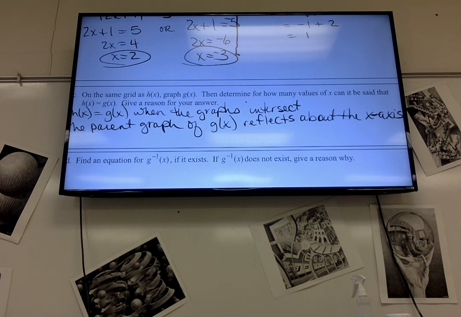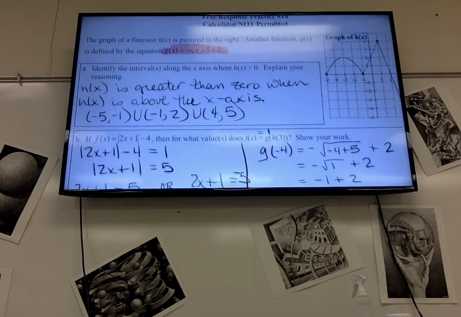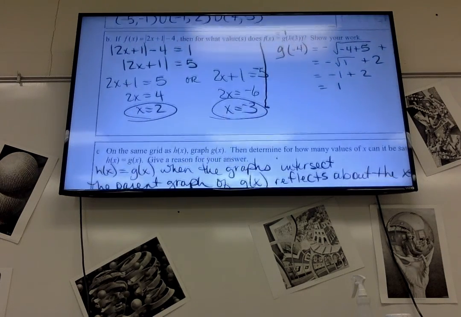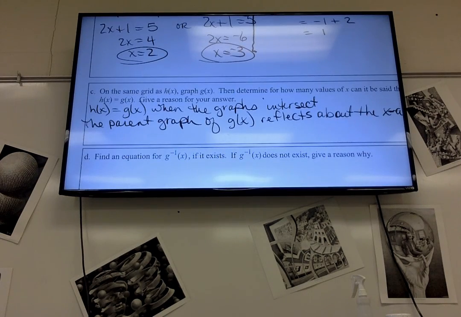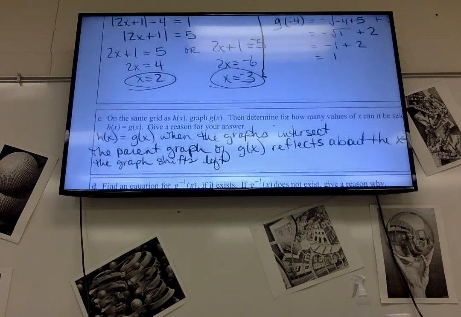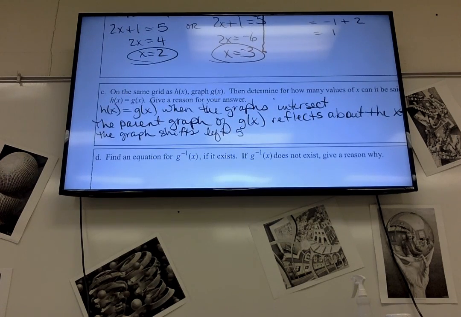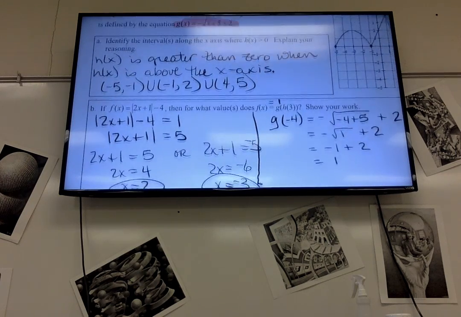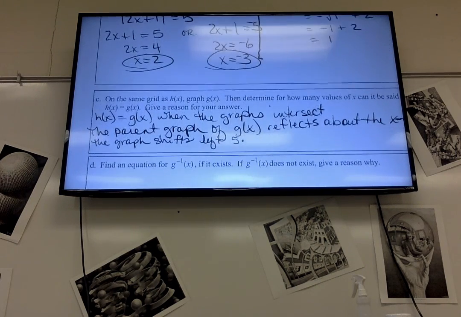So if it's a negative there, it just means it's going to flip. And then you have x plus 5 under the square root. So that means the graph shifts left. It's plus 5, so it shifts left 5. And plus 2 on the end, so up 2.